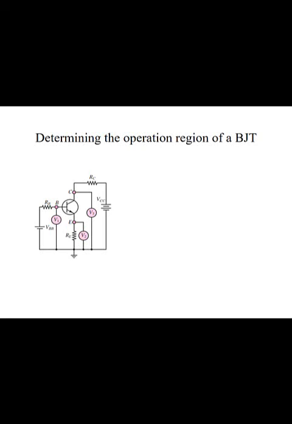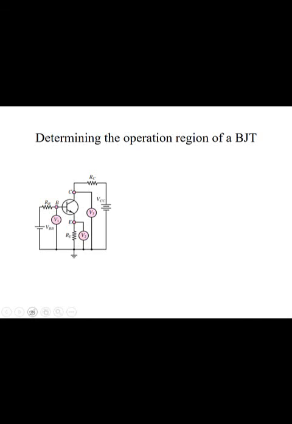So first, by an example, I will show you how we can find the operating region of the BJT without using the graph. So in this example, we have basically three known quantities, which are V1, V2, and V3.